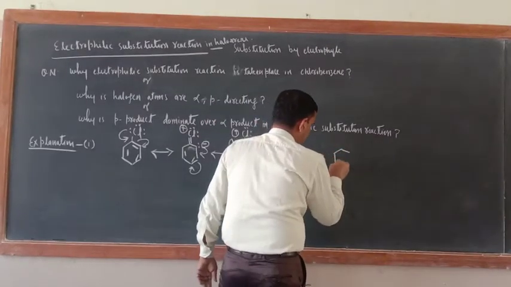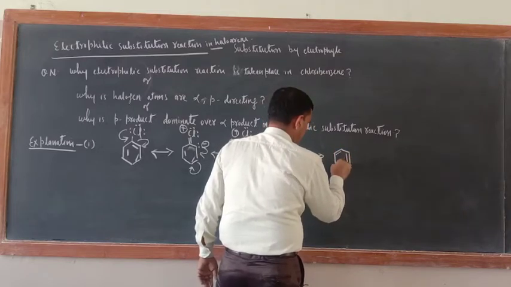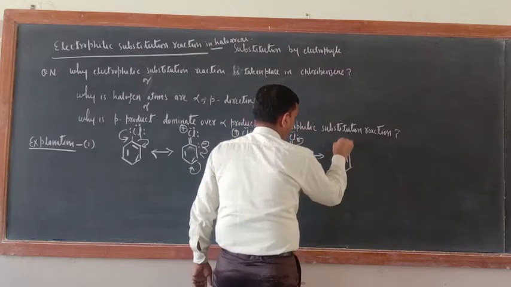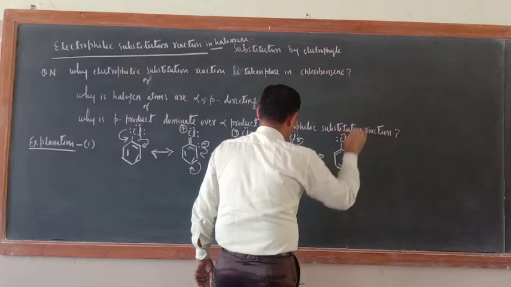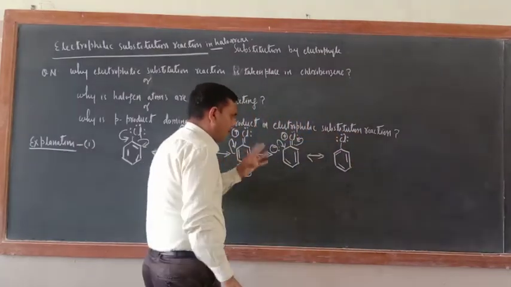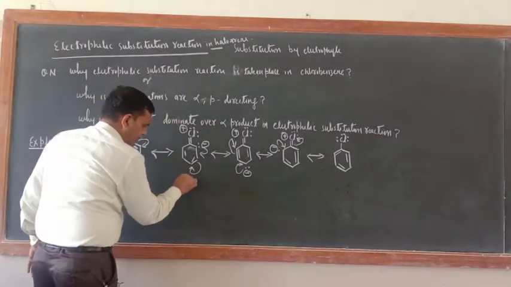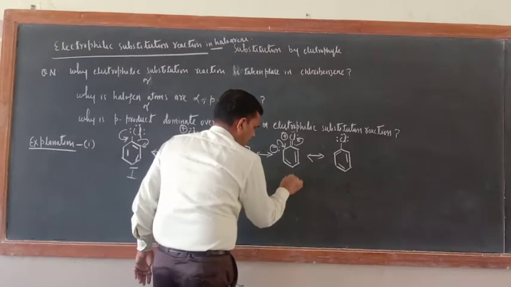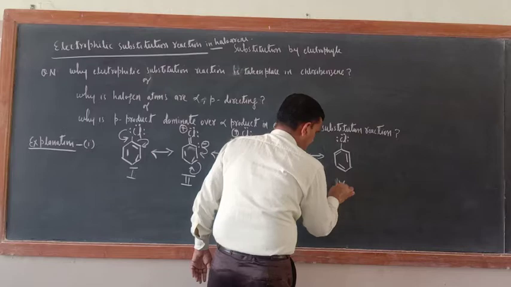Now this should go this side. Here what is there? Cl, 2 4 6. Now just see, this is the first resonating structure, this is the second, this is third, this is fourth, this is fifth.